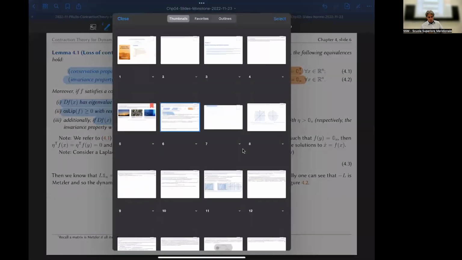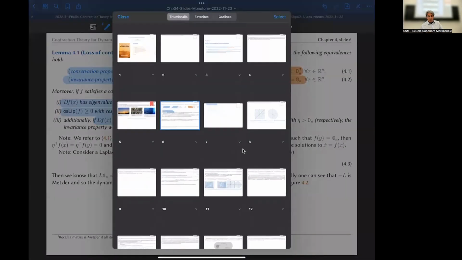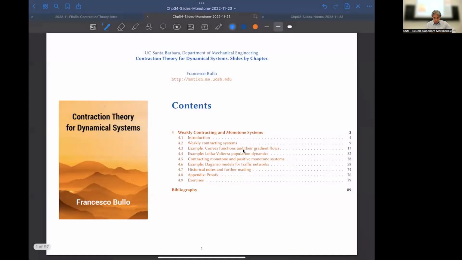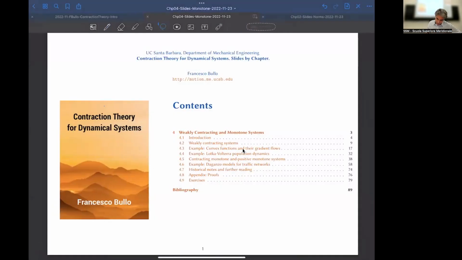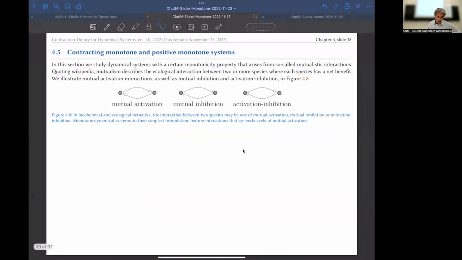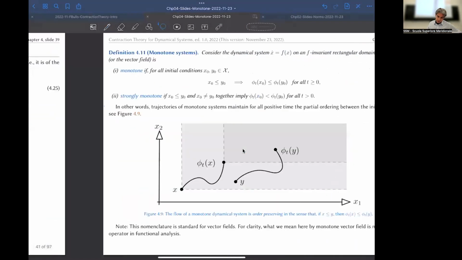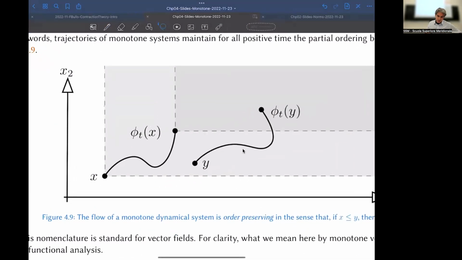Systems whose Jacobian is Metzler are very special. They're a special gift from the gods of dynamical systems, and they are called monotone systems. Monotone systems have the following features.